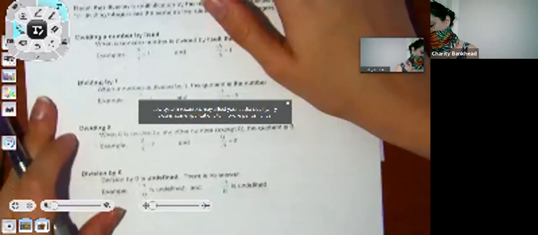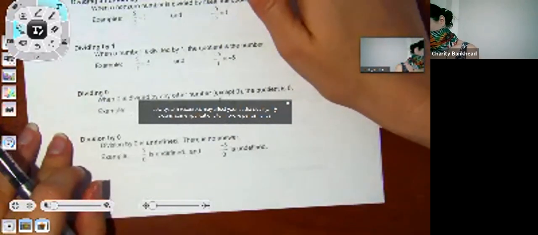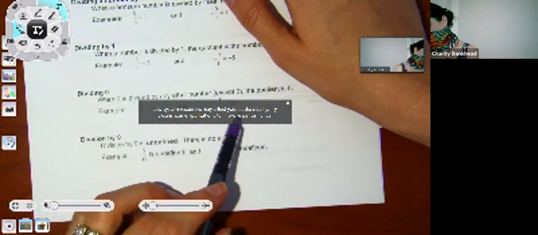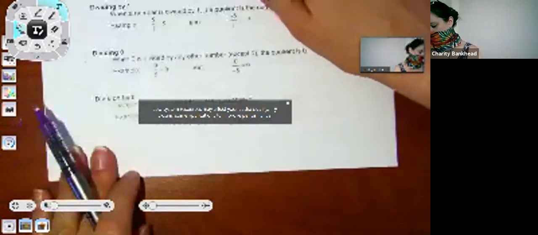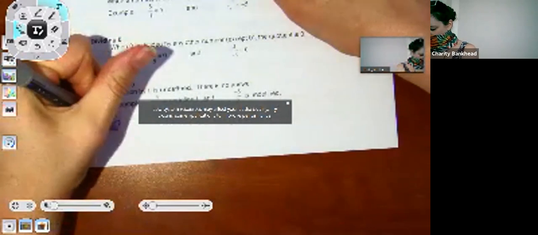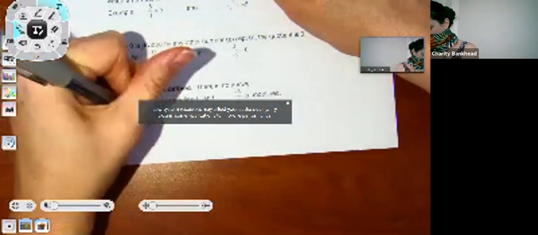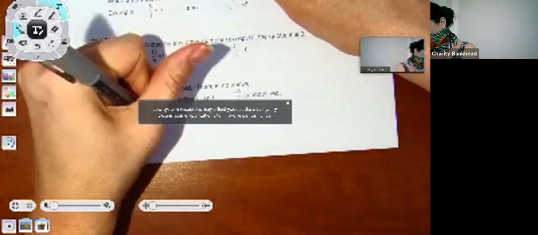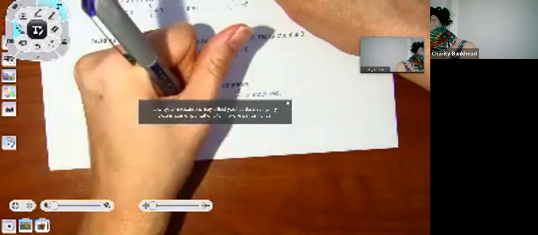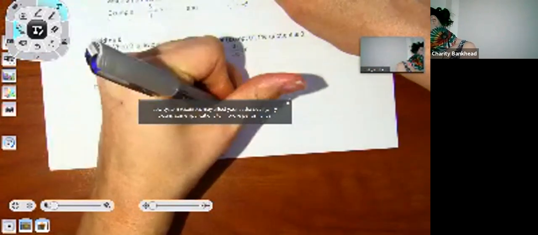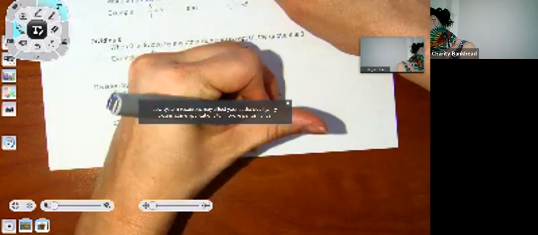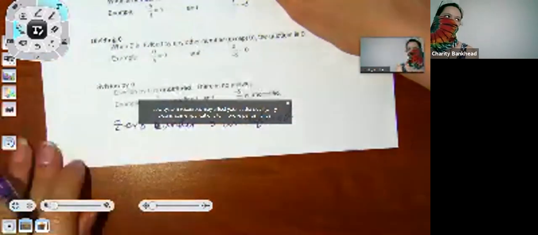Dividing by 1 doesn't do anything; it just gives you the same number. 0 divided by any number is always equal to 0. But if you divide by 0, that's undefined. A way to remember that is: 0 under is undefined.